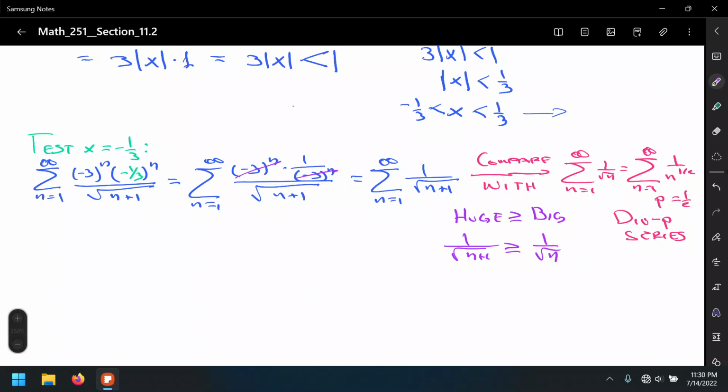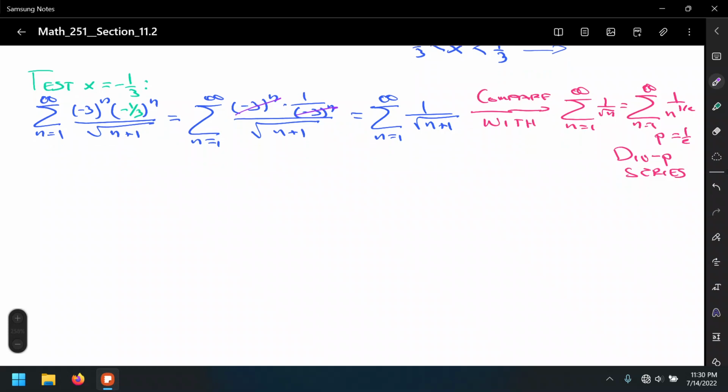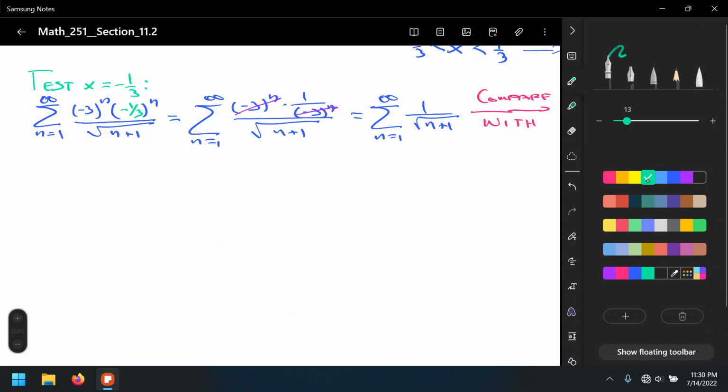Unfortunately, this fails. So we cannot use the direct comparison. We will have to find plan B in this case. Remember, we had a plan B for whenever we are not able to determine huge greater than big or tiny less than small. So we are going to use the limit comparison test instead.